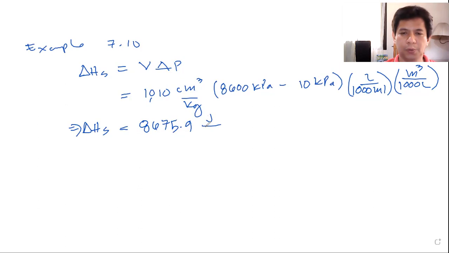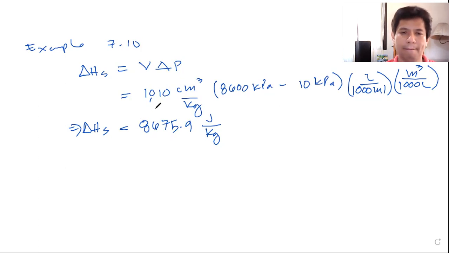If you use joules per kilogram, it means I converted this kilo into times 10 to the 3, like I multiplied the equation by 1,000. If you only press this on the calculator, the result is 8.675.